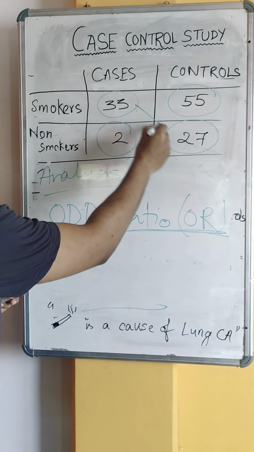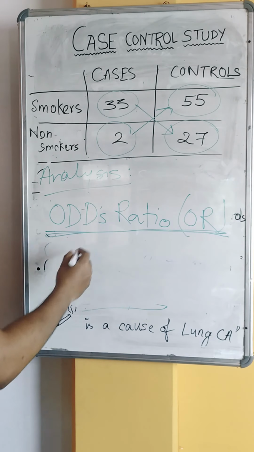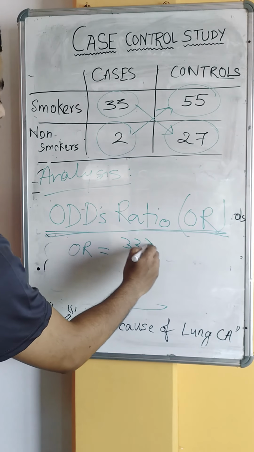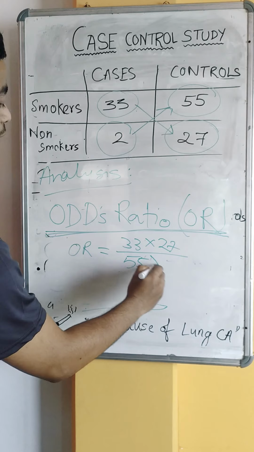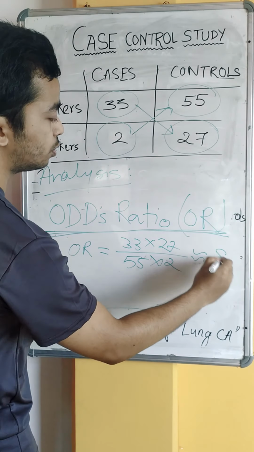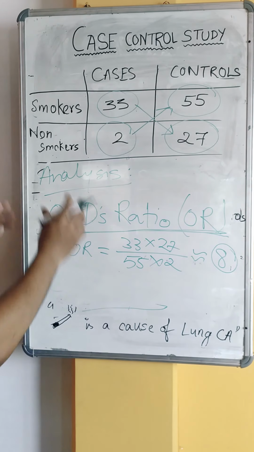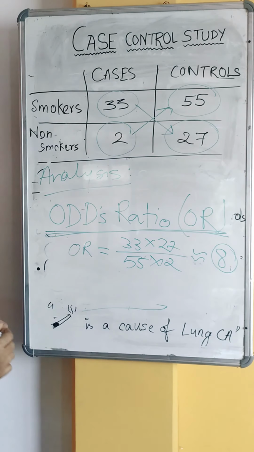You just have to cross multiply this table. So here the odds ratio will be equal to 33 into 27 divided by 55 into 2, which approximately equals 8. So we find that in this particular example our odds ratio is 8.